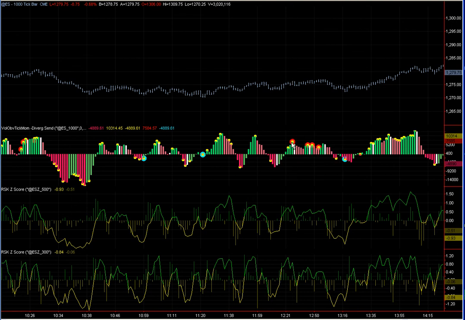We paint the bar with a red dot here. More red dots, because we're moving higher but the volume is tailing off. That's the significance of these red or cyan colored dots. They show us where divergence is taking place, according to the rules that I just gave you.